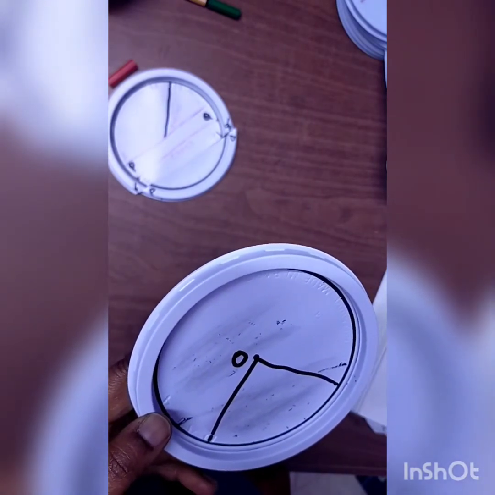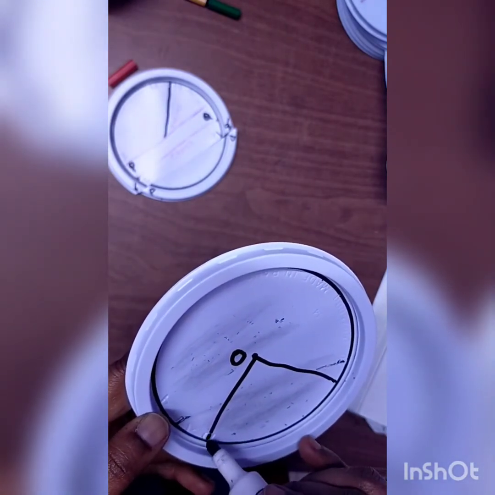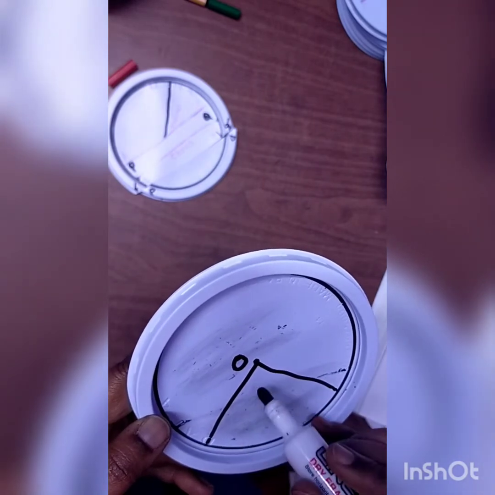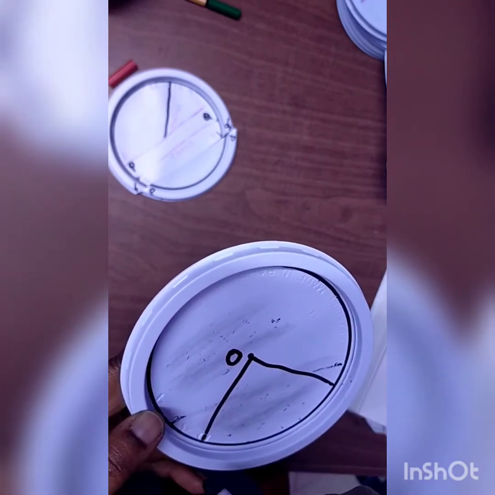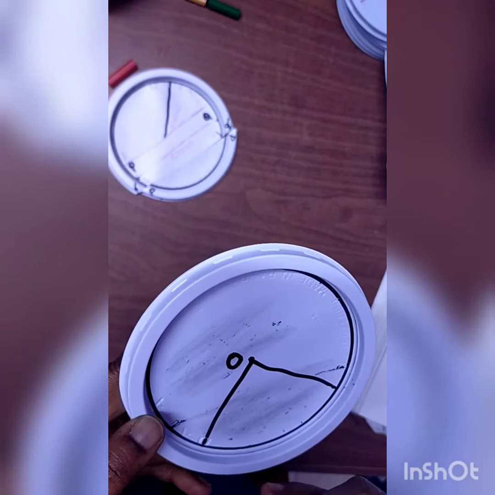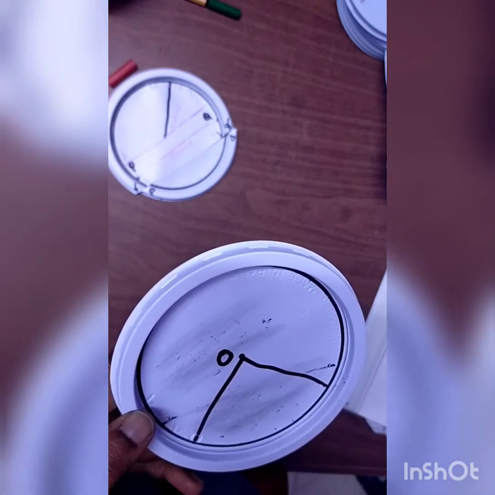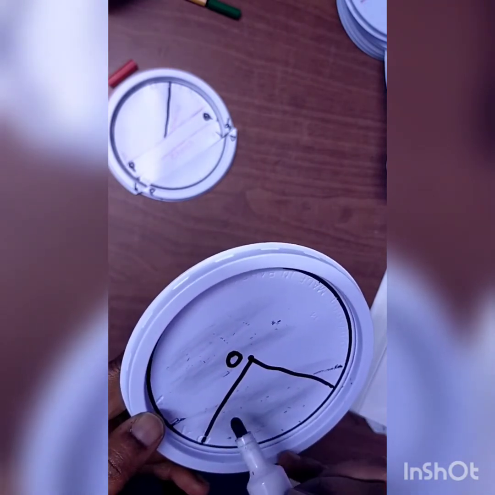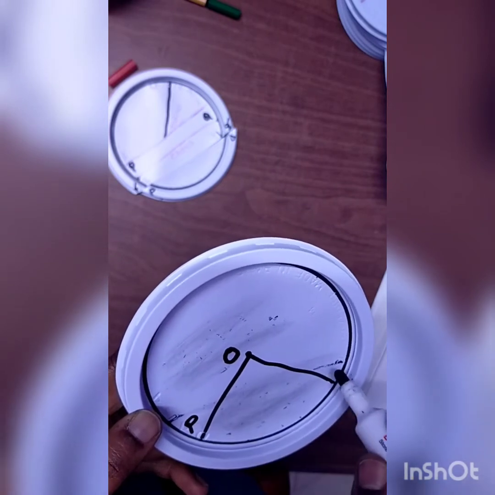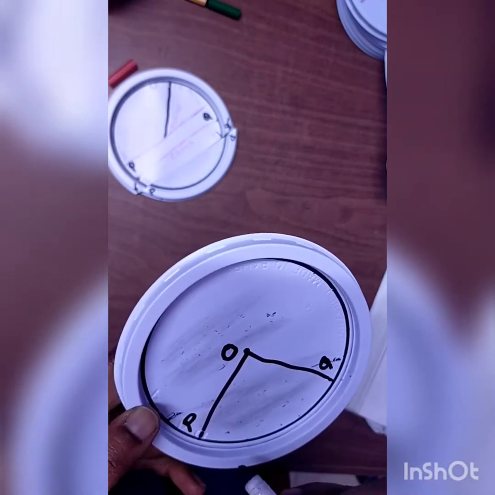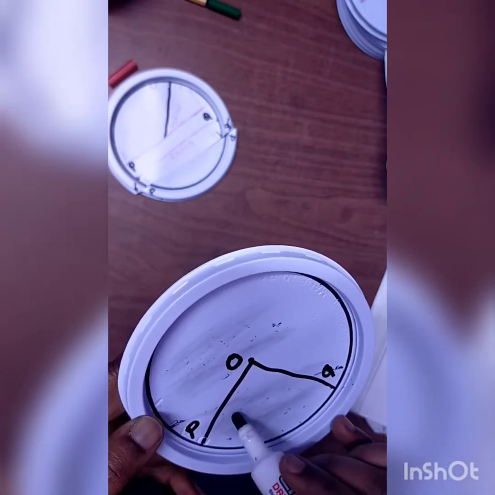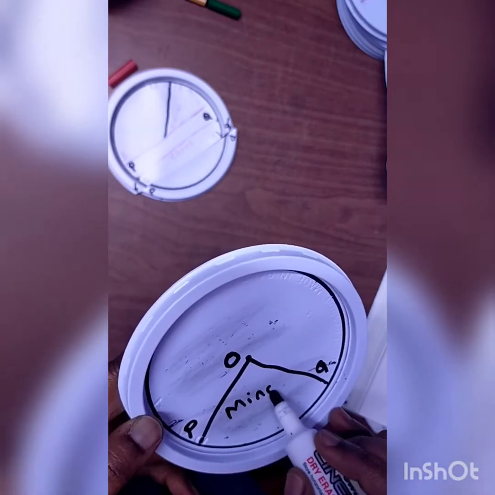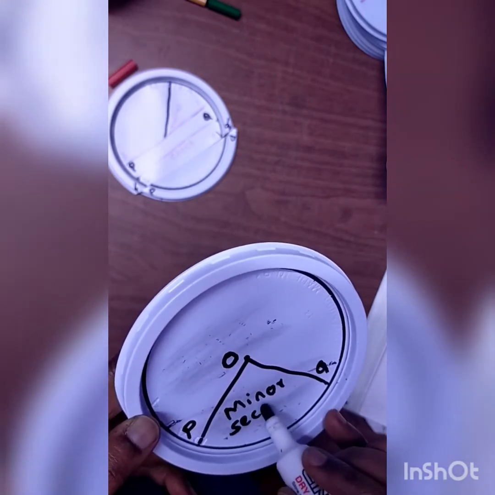The region between an arc and 2 radii joining the center to end points of the arc is called sector. So here, if we name this as OP and OQ, this is the minor sector.